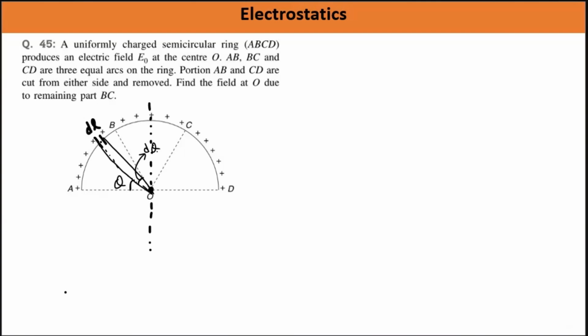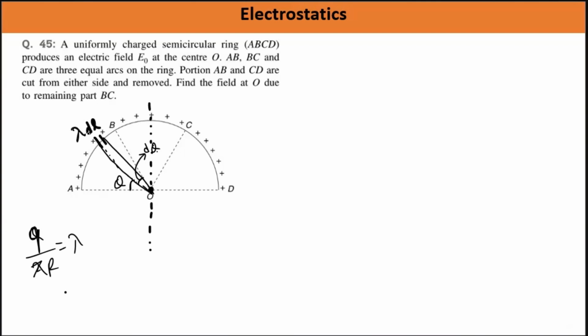So what will be the electric field because of this charge element? What will be its charge? Let's say Q is the total charge, and Q by pi r is equal to lambda, where lambda is the charge per unit length. Then the charge on this element will be lambda dl.